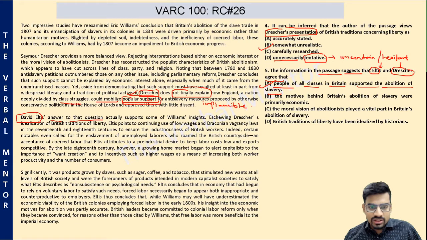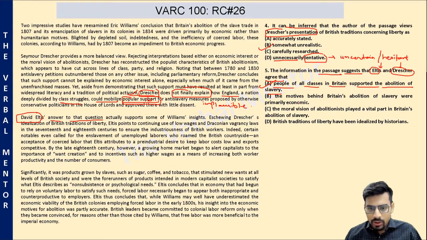Please note, Drescher does not explain how everybody came to support anti-slavery. Eltis answers this question, and he first agrees that popular support was gathered. So people of all classes supported abolition of slavery. He explains how. Okay, option A is the answer.